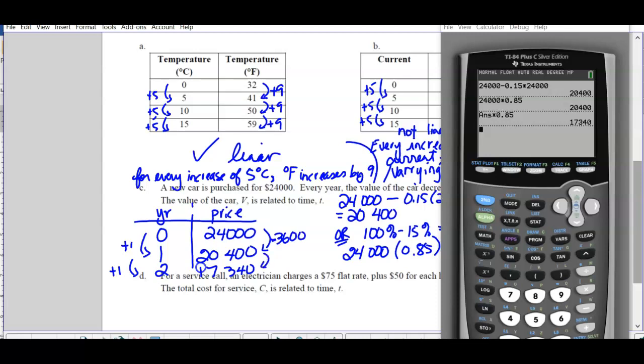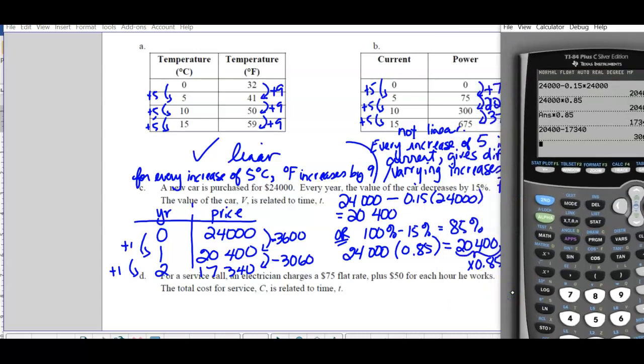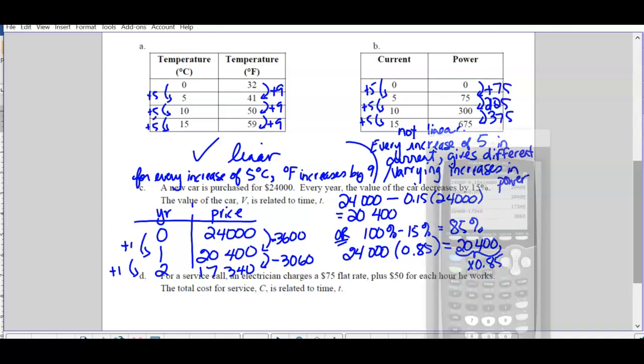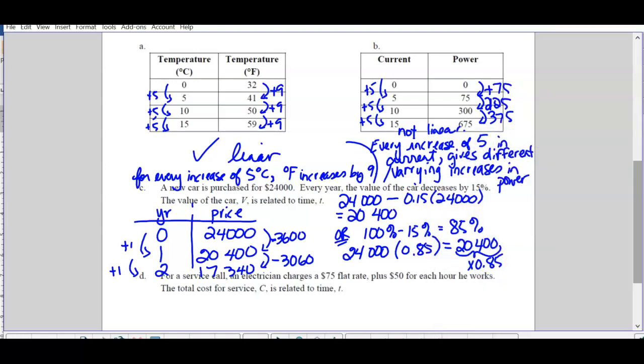And then here, 20,400 minus 17,340 decreases by 3,060. Okay, so it's a different amount because you're dealing with percentages. You're taking a percent of the previous year, not of the original. So is this going to be linear? Is it really linear? So this is not linear, because the change in price is not constant.